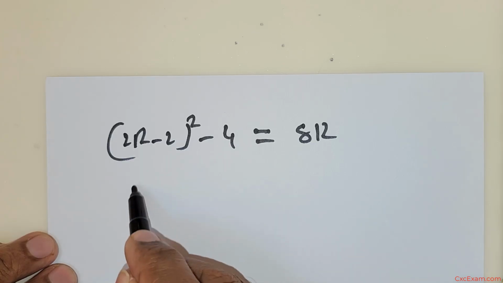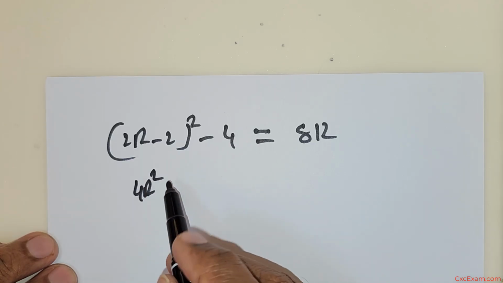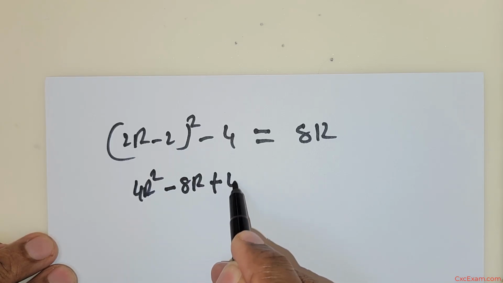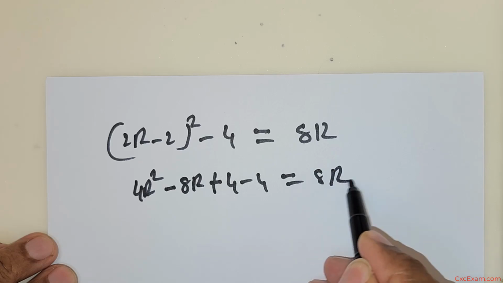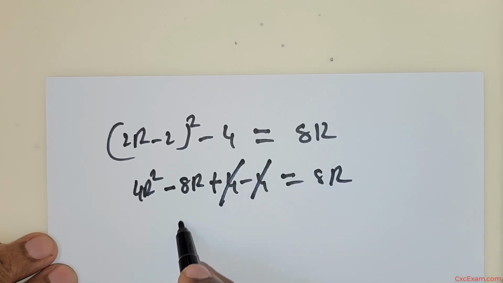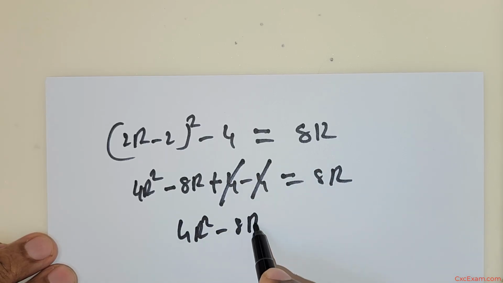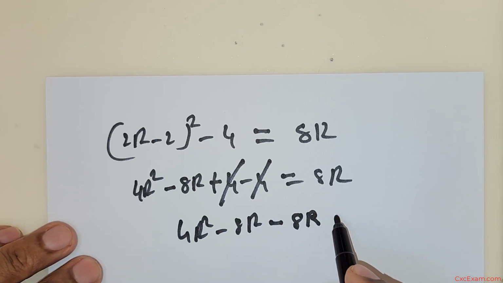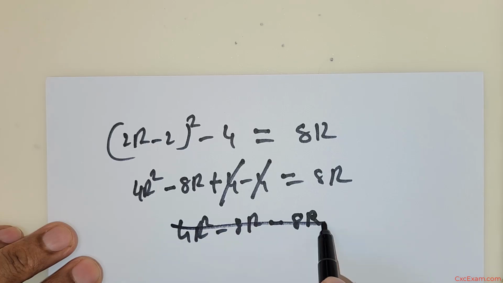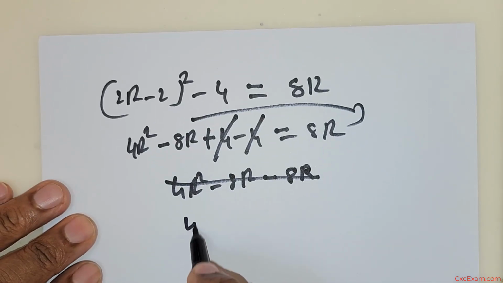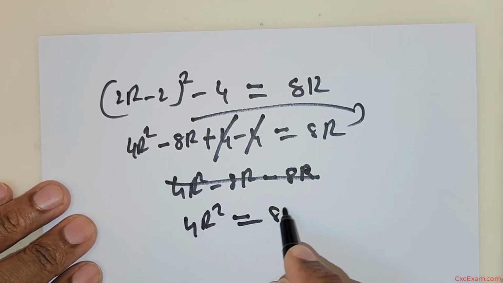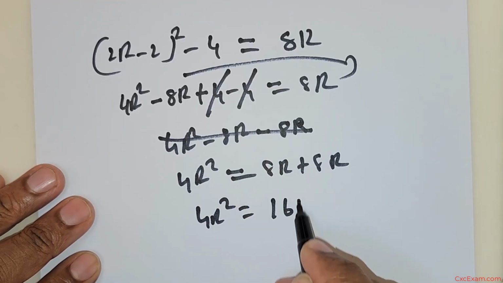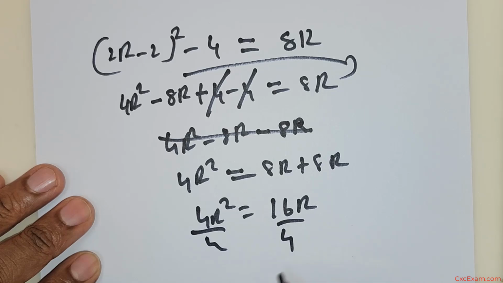To simplify the left side, this is going to be 4r squared minus 8r plus 4 minus 4 is equal to 8r. Positive and negative 4 go off. You got 4r squared minus 8r is equal to 8r. In fact, you can push this to the other end. So you get 4r squared is equal to 8r plus 8r. So 4r squared is equal to 16r. You divide by 4 on both sides.